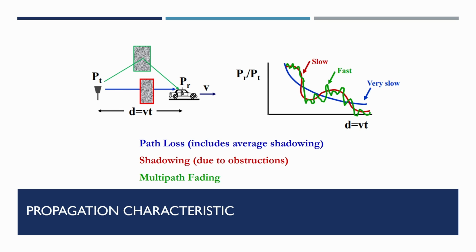And if the radio inside your car is not in the line of sight and the signal is reflected in multipath fading, then the power received by the radio will decrease even faster with respect to distance. This is called propagation characteristics.